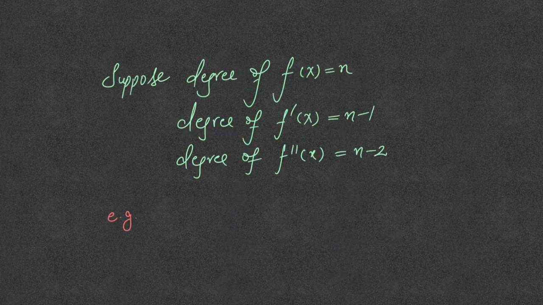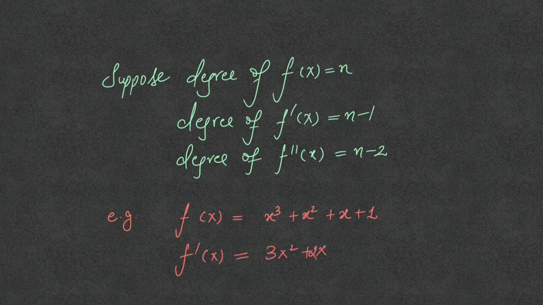Let's take an example: if I take f of x equal to x cube plus x square plus x plus 1, taking the derivative we get 3x square plus 2x plus 1. Taking the double derivative, we get 6x plus 2.